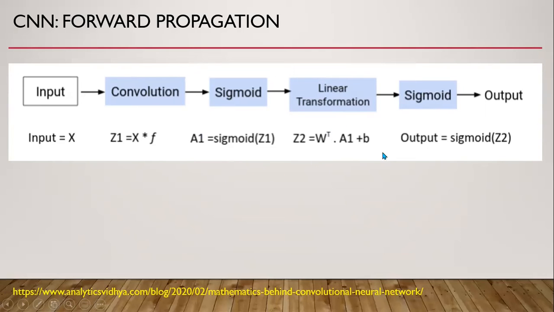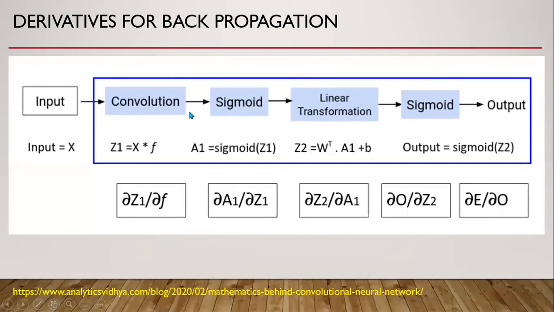So this is the forward propagation. Then there is backward propagation, and for backward propagation we calculate the derivatives, because in order to adjust the filter weights we need to find the derivative of the cost function, which is nothing but the error E, with respect to F. So for getting this derivative of error with respect to the filter, we will use the chain rule.